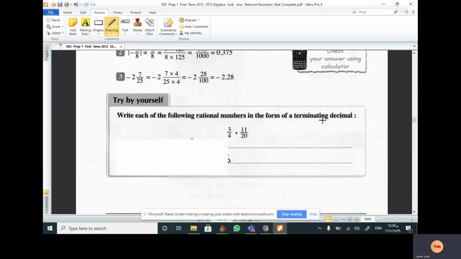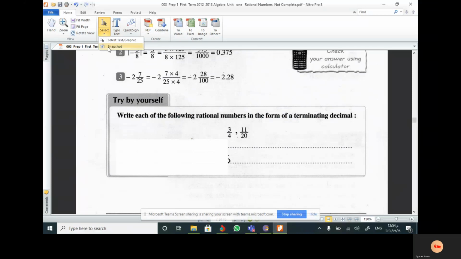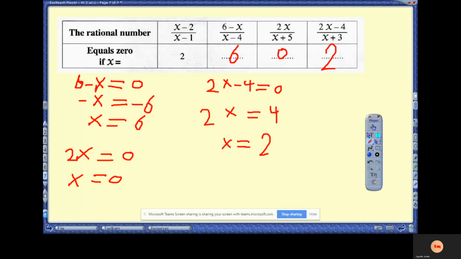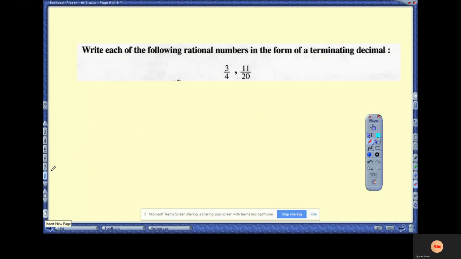Write each of the following as a decimal: 3/4 and 11 over 20. Three-quarters. To change it into a decimal, you will multiply 4 times 25.